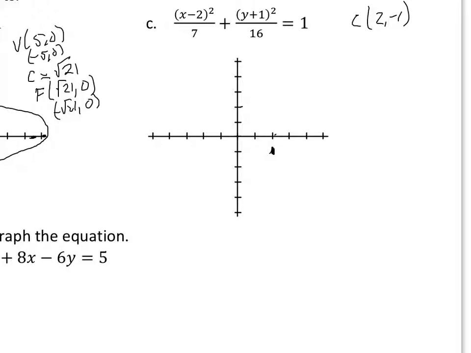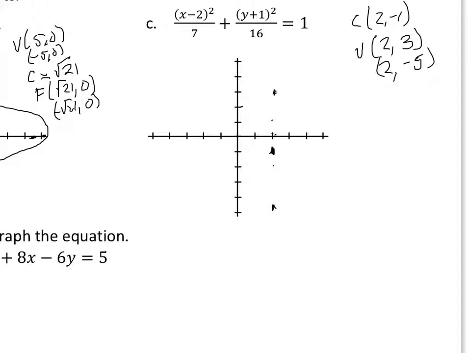Okay. Now, we know in the y direction we go up and down 4. So we go up 1, 2, 3, 4, and down 1, 2, 3, 4. So where are our vertices then? (2, 3) and (2, -5).